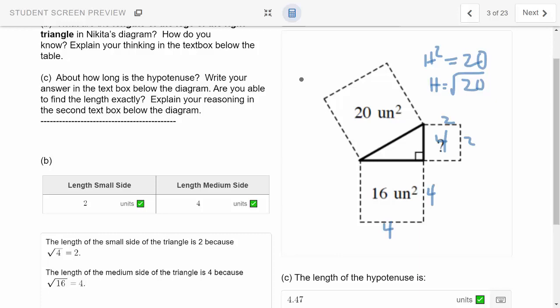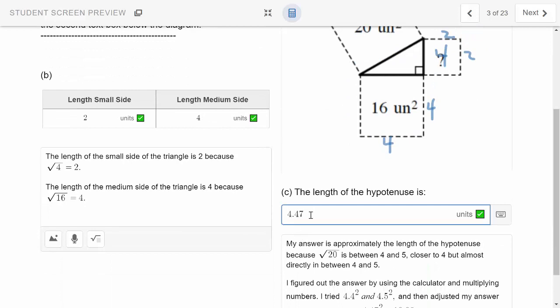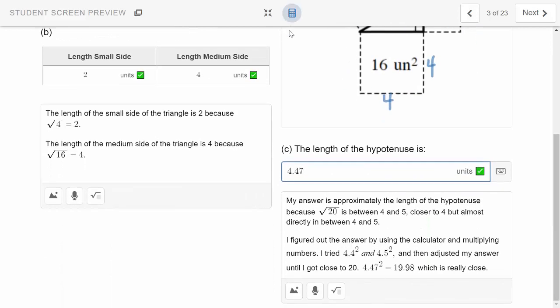Closer to 4 by a little bit. It's close to the middle almost. So I estimated 4.47. And I did use the calculator up above. I tried 4.4 squared, then I tried 4.5 squared, and I kept adjusting it until I got 4.47 squared, which is 19.98, a very close answer.